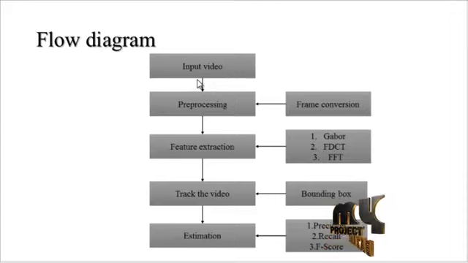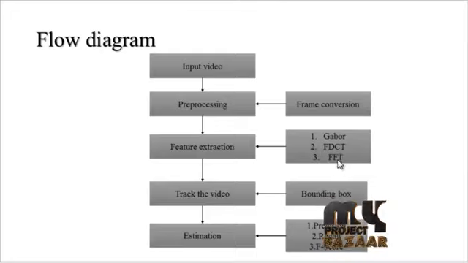After conversion of the frames, the feature extraction will be carried out. In the feature extraction module, we have to extract three types of features. The first one is the Gabor feature extraction, the second one is the FDCT feature, and the third one is the FFT feature. After extracting these three types of features, we have to track the video. In the tracking, the moving objects, that is the persons, will be tracked by using the bounding box.